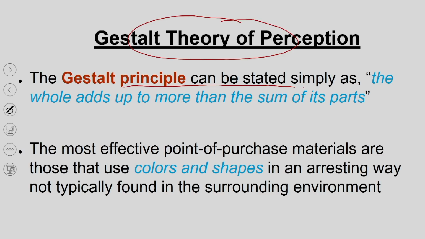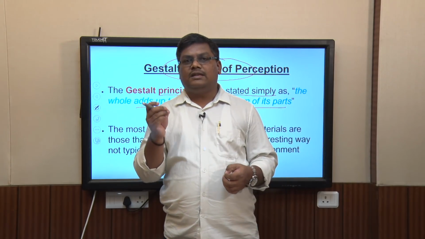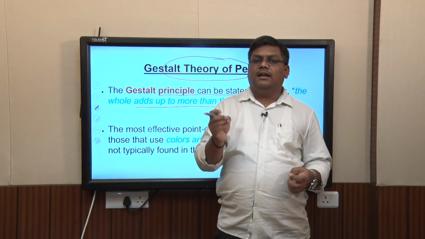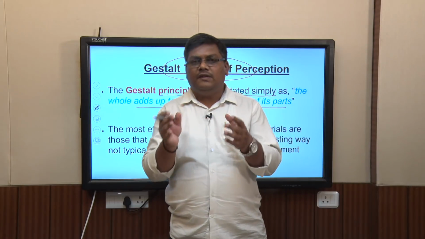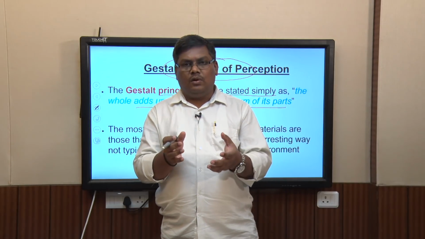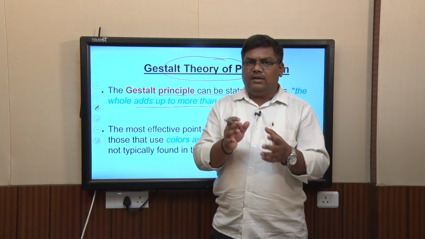The Gestalt principle states that the whole adds up to more than the sum of its parts. What does it mean? It means that the individual benefits of the product that you are using will be different from the whole product use. So if you are using a product for its taste or for its smell, then the benefit of taste and smell will be entirely different from the feeling that you get by using the whole product, or buying the product for its wholeness in a holistic way.